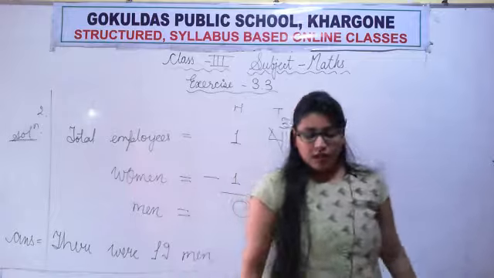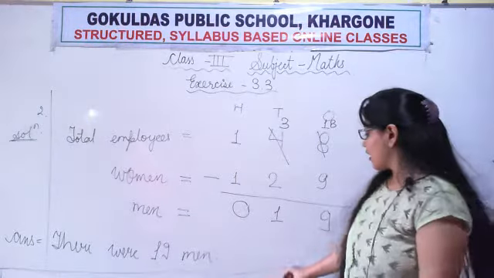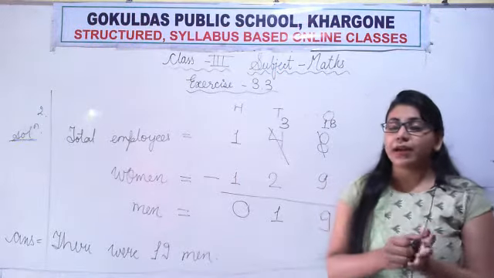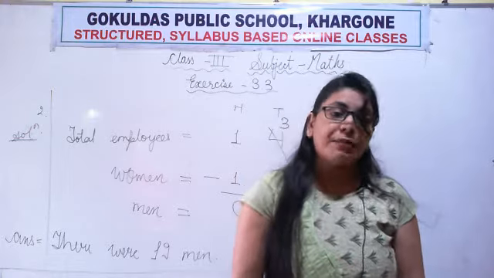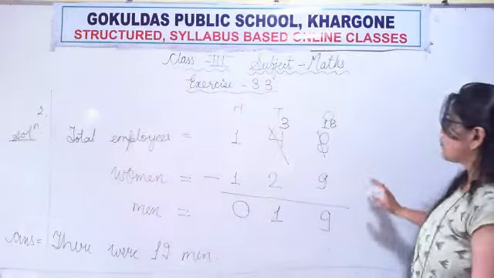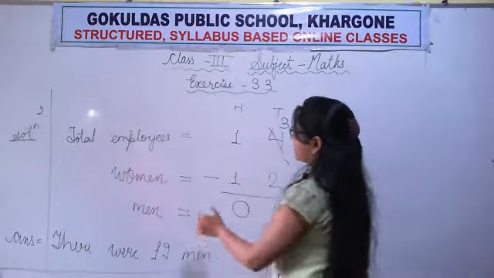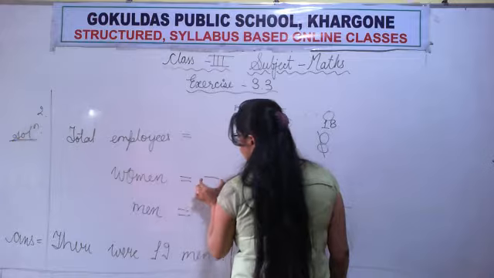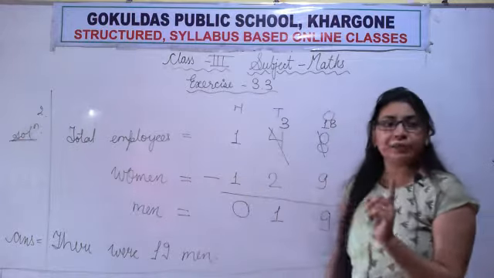And while putting this line, remember to make it with the help of scale or ruler. Okay, so all of you note it down properly. Keep in mind this, all the signs will be in different boxes.